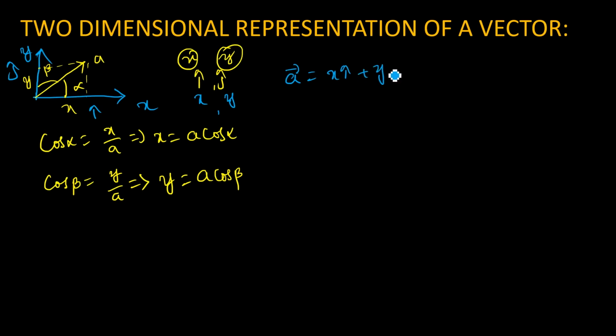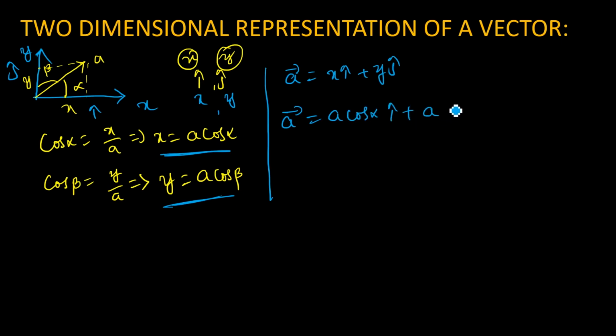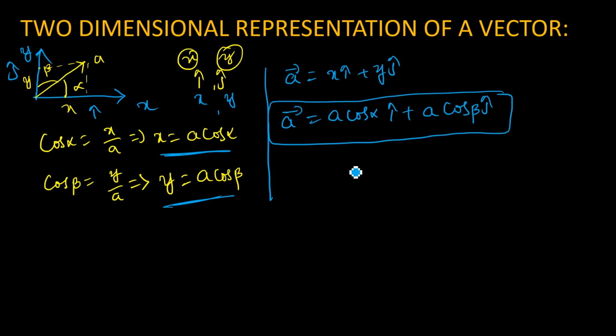We know x and y, so substitute here: A bar equal to A cos alpha i cap plus A cos beta j cap. So this is about the A bar vector. The vector lies in the x-axis, y-axis coordinates.